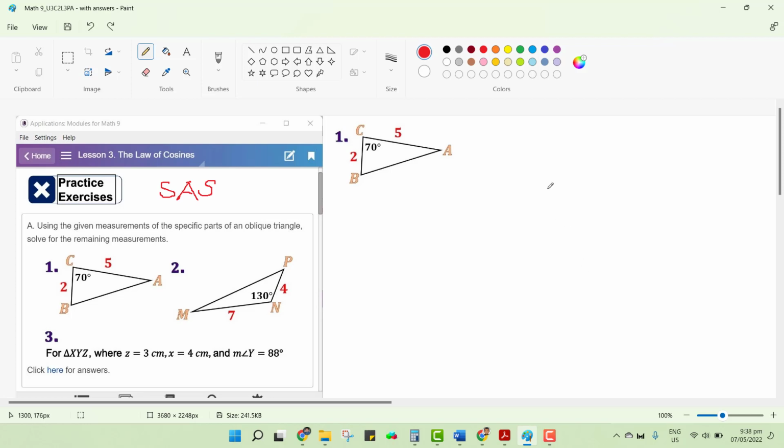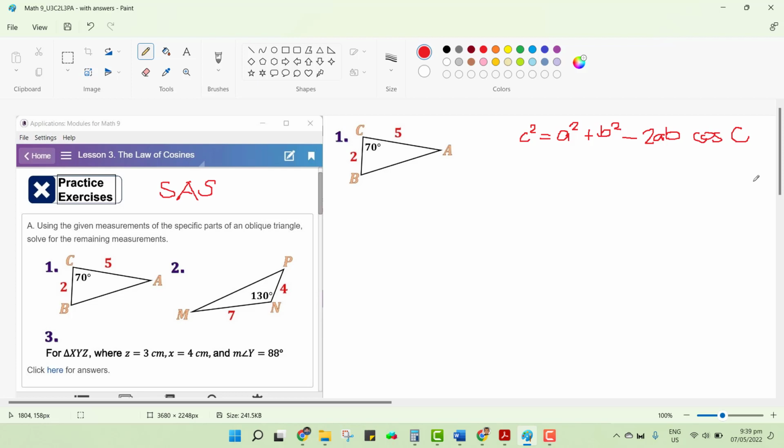The law of cosines tells us that the square of one side is equal to the sum of the squares of the other sides, less twice the product of the given sides and the cosine of the included angle.